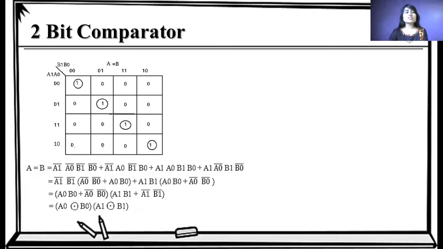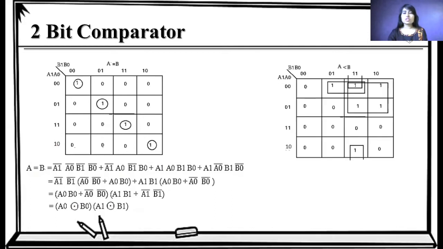Basically this is the equation of A0 XNOR B0 and A1 XNOR B1. Then next we have a K-map for A less than B. Here we have groups, and according to these groups we have the simplified logical function A1' B1 + A0' B1 B0 + A1' A0' B0.